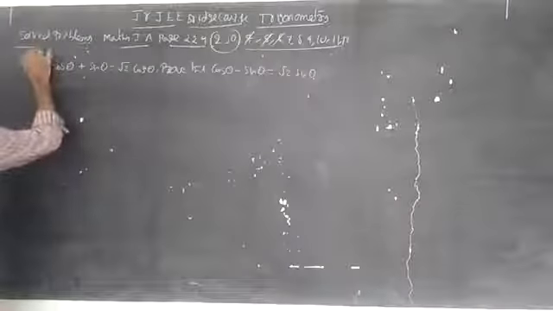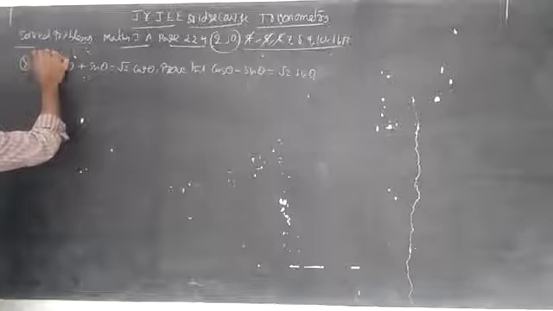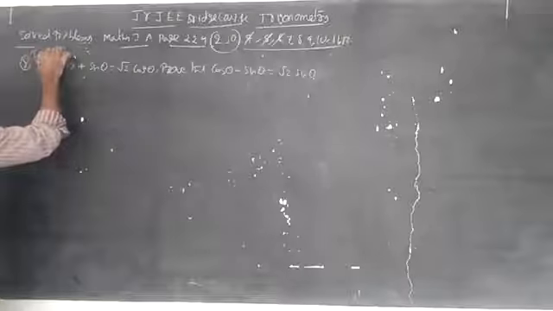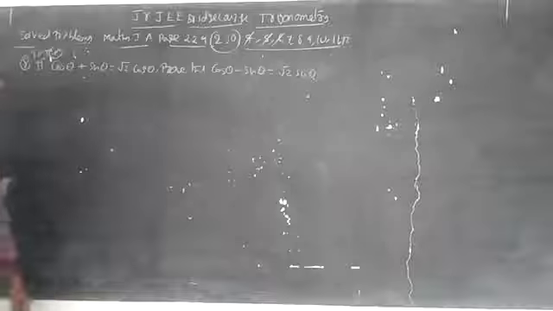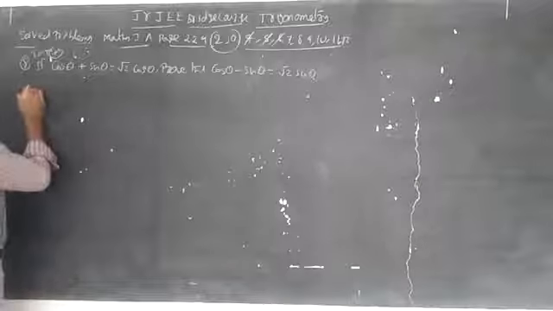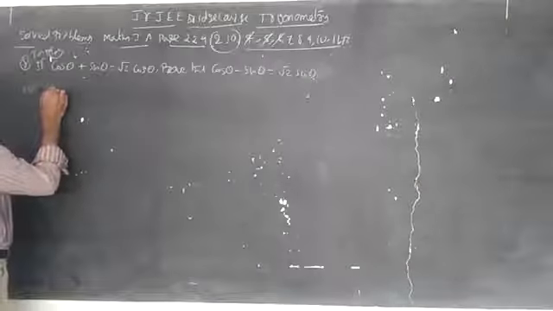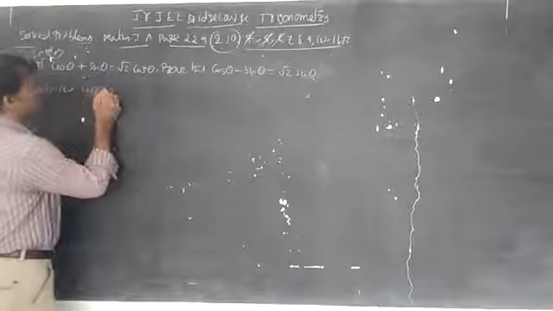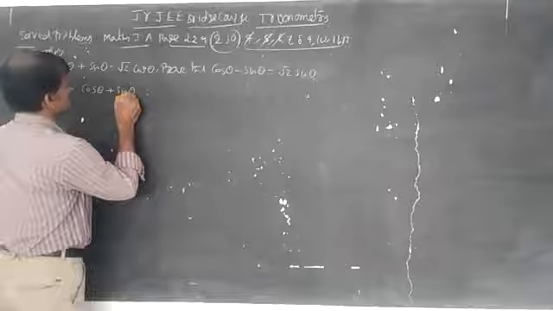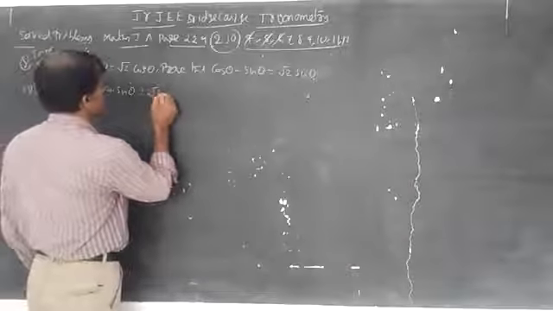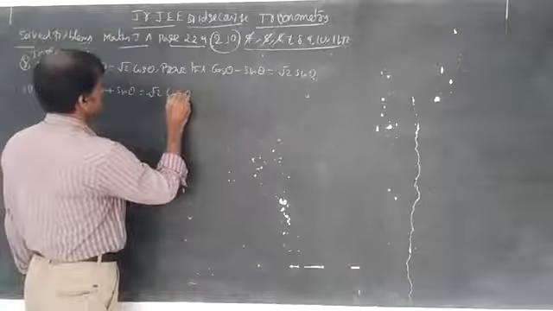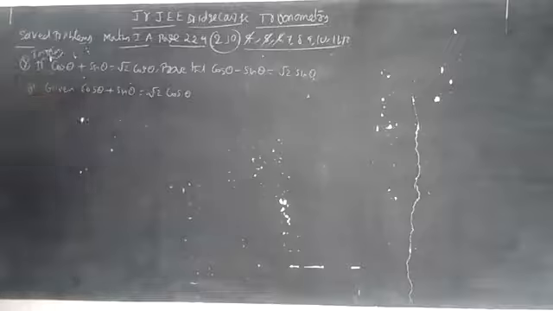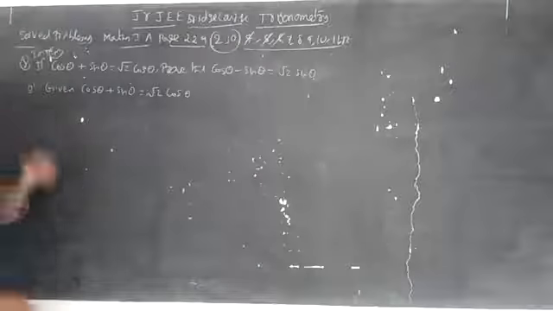This is also an important 2 marks question. Given cos theta plus sin theta is equal to root 2 cos theta.